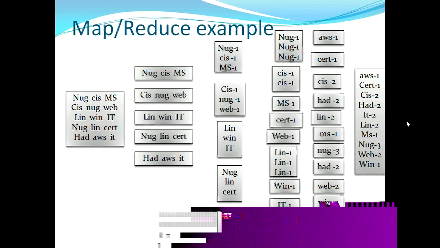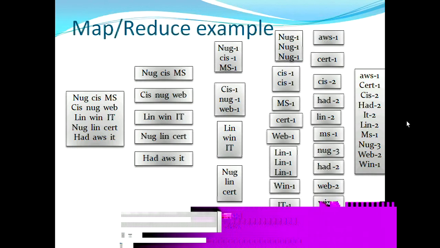We cannot just send them separately. It's better to always make a reduced picture, a combined picture, in each individual node. Say nug appears 2 times in the first node, node A, and similarly node 3 will combine and say nug is there 4 times.